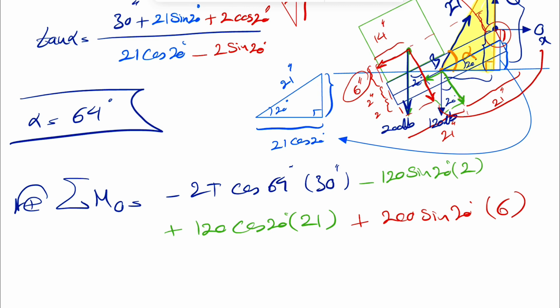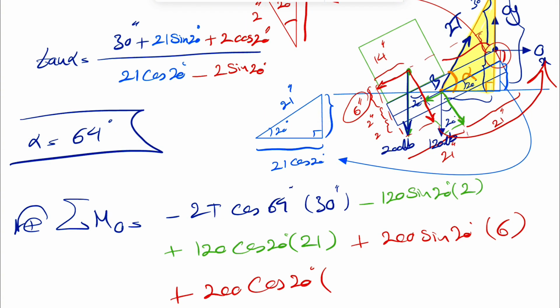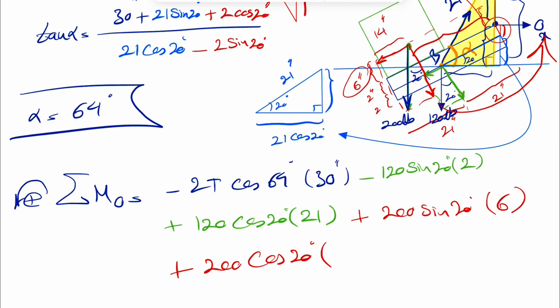And the component perpendicular to the tailgate is also counterclockwise, so this one's positive 200. This time we have cosine of 20 degrees, and the distance would be what we have from here to here, which is the length of the tailgate, 42 minus 14 equals 28.